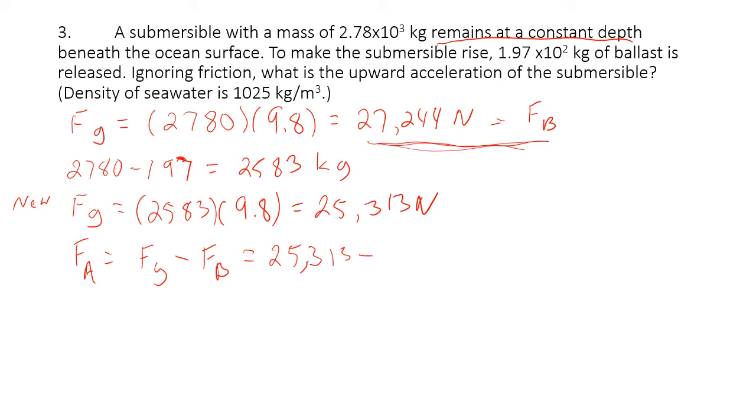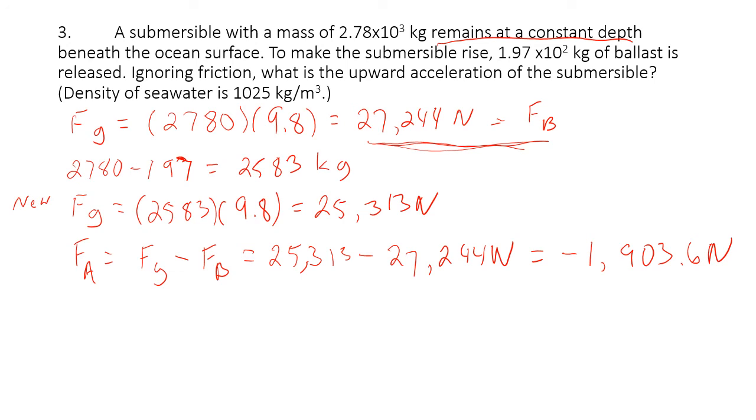The volume of the submarine hasn't changed, so the buoyant force stays the same even after the ballast is released. So 27,244 newtons. And that means our apparent weight is negative 1,903.6 newtons. So that means there is a force of 1,903.6 newtons pushing it up toward the surface.